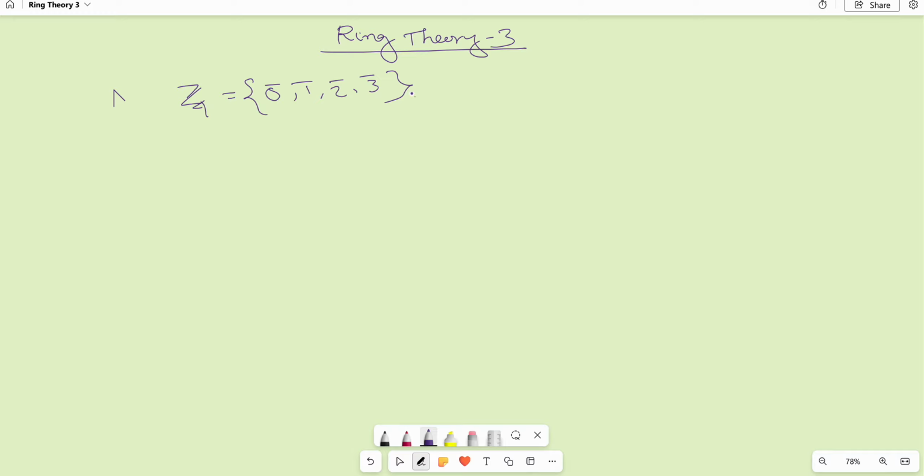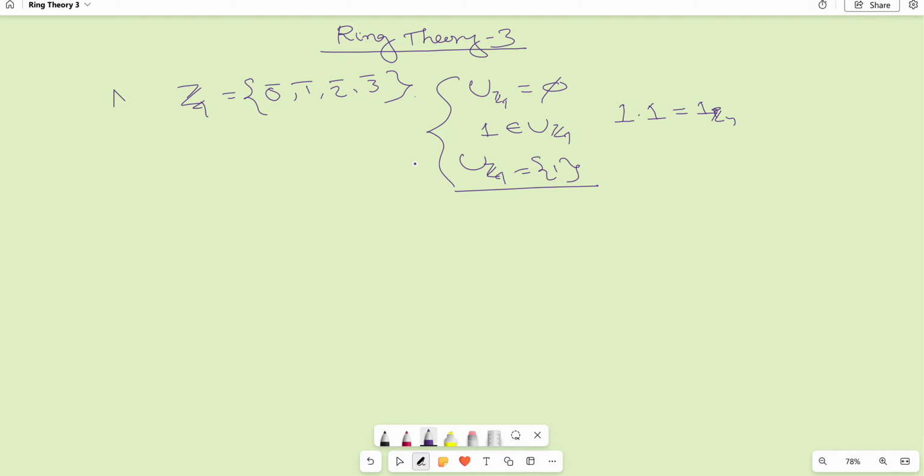The units of Z4: 1 is a unit of Z4, because 1 times 1 is 1 in Z4. So the set of units of Z4 is the singleton 1.